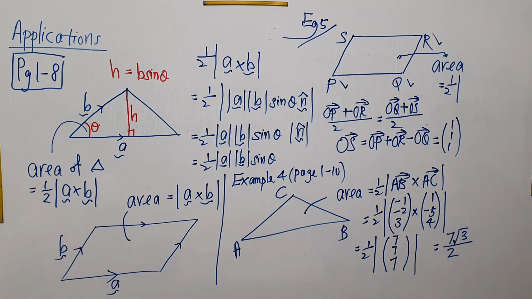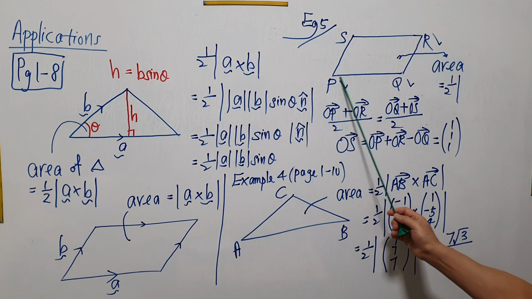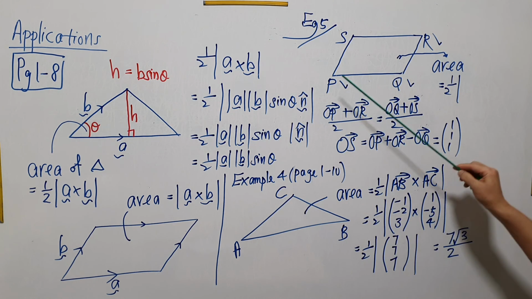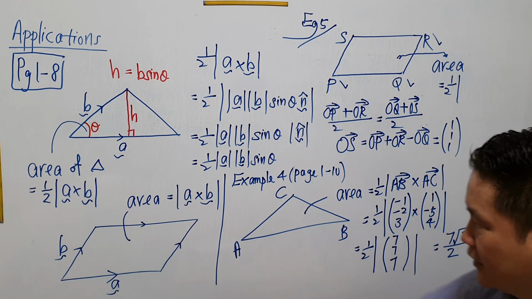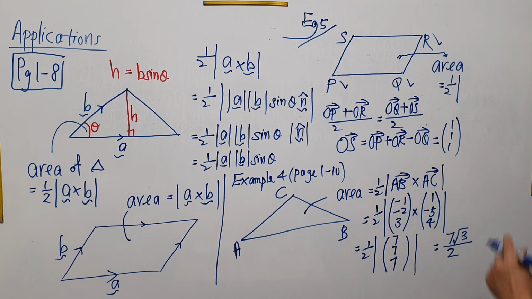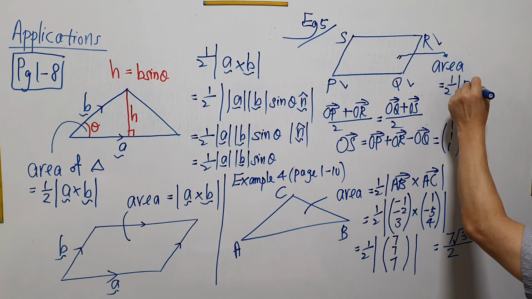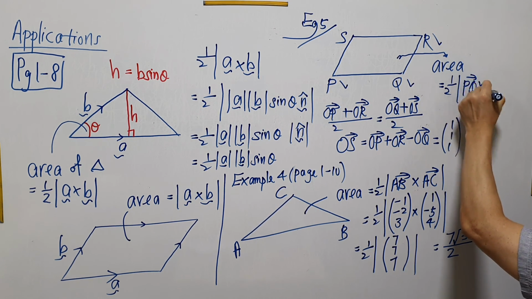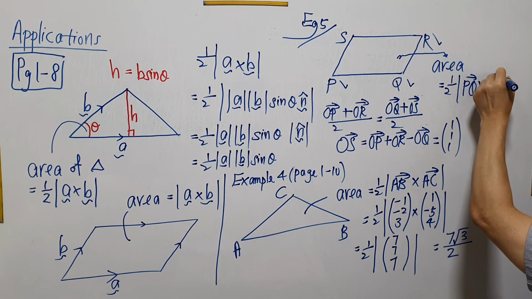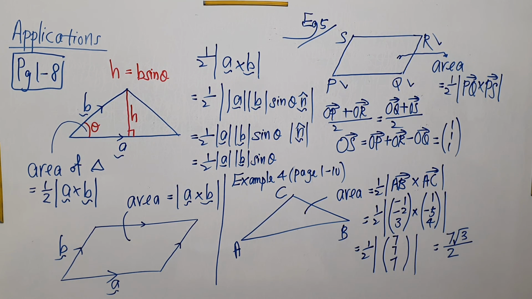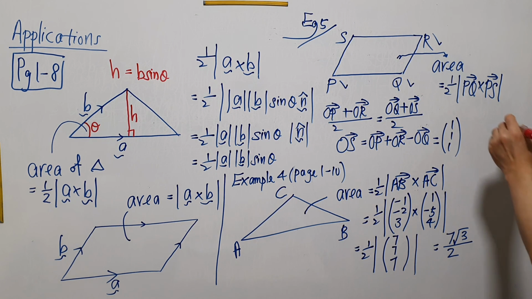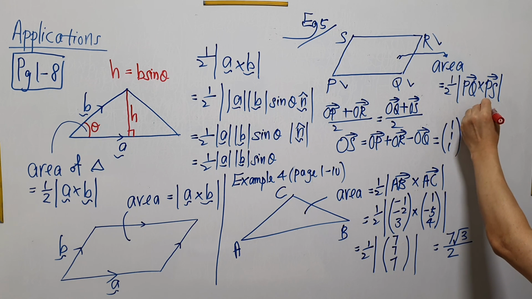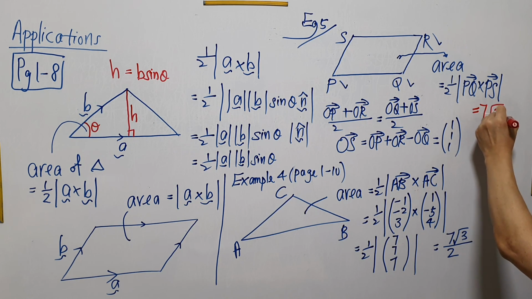Remember, you compare with this diagram: PQ is like the vector A and PS is like the vector B. The area of this parallelogram will be the magnitude of the vector PQ cross the vector PS. You don't need to half this. And if you do your calculation of the cross product correctly, the answer will turn out to be 7 square root 3.